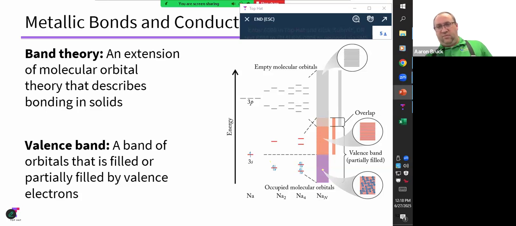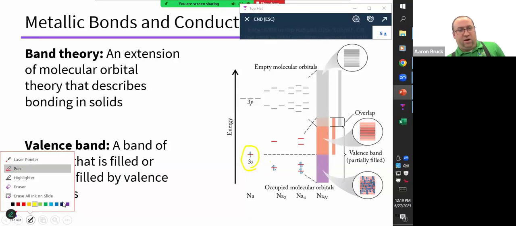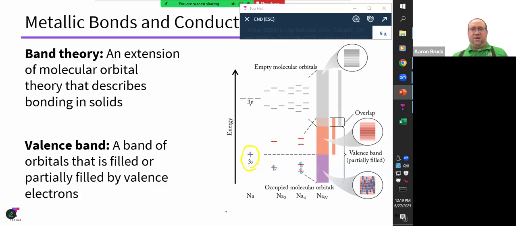So the purple orbitals here are ones that are filled up. The red ones here are ones that are partially filled. So like the ones here in this valence, the sodium band here. So our electron configuration for sodium is neon 3s1. So the occupied orbitals from the core electrons come down here. The valence electrons are here in this valence band.